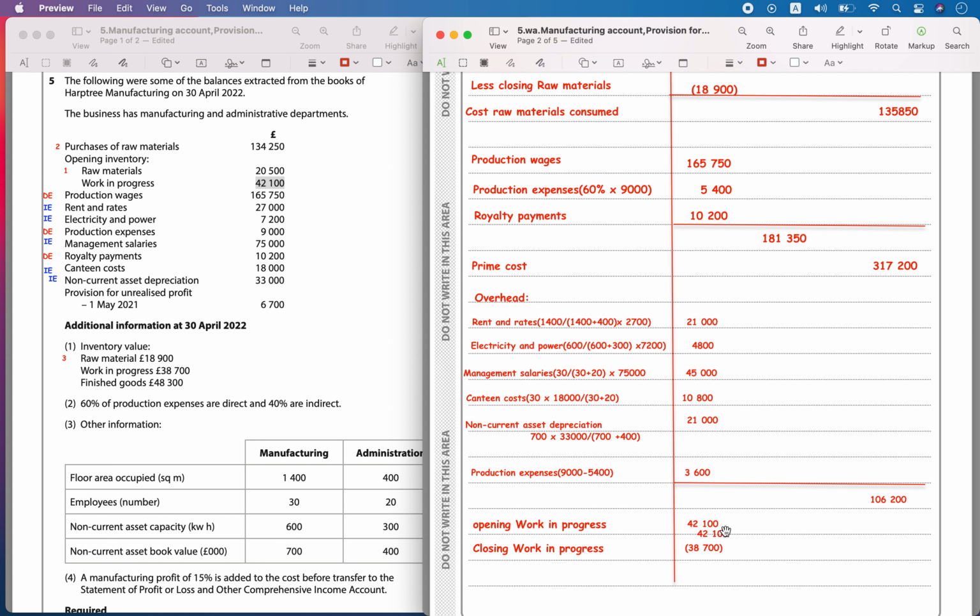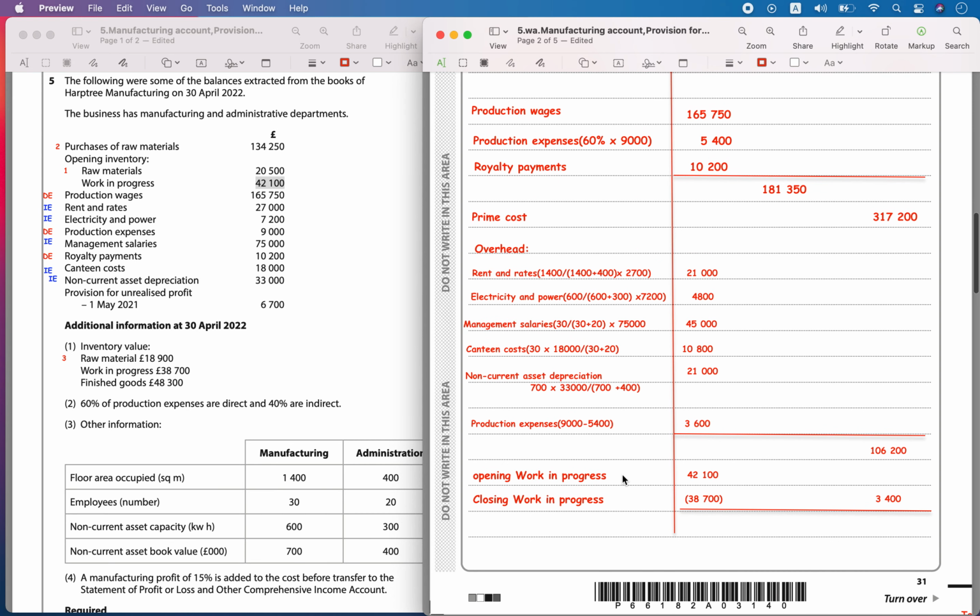So let's put that value, 3,400. That's the total.